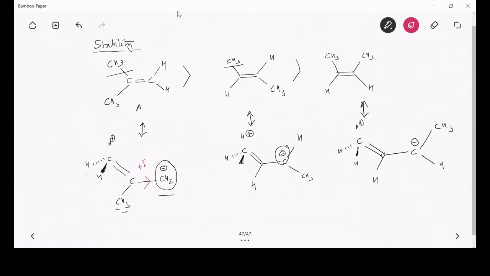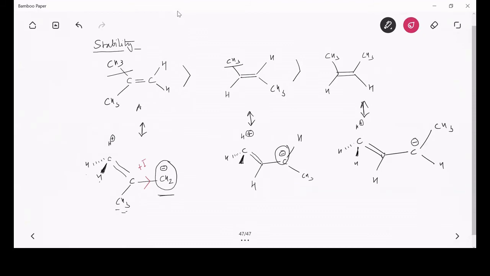So if there is an inductive effect pushing the electron towards that negative charge again, the system will be unstable. So the system can only be stabilized by taking away the electronic charge rather than pushing it.